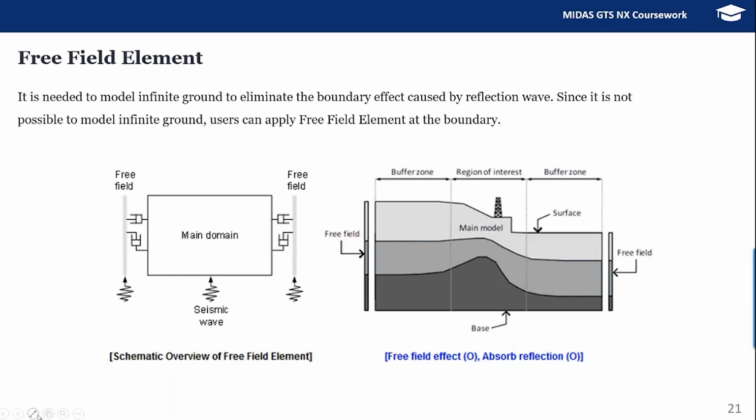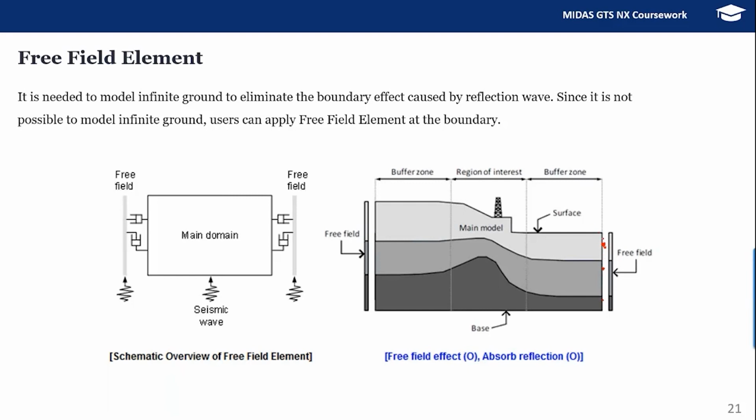So as I said, in the viscous boundary conditions, we are not modeling the infinite boundary, but at each and every node of your vertical boundary, we are assigning the spring and dashpot system.